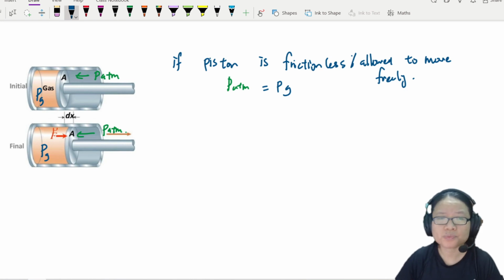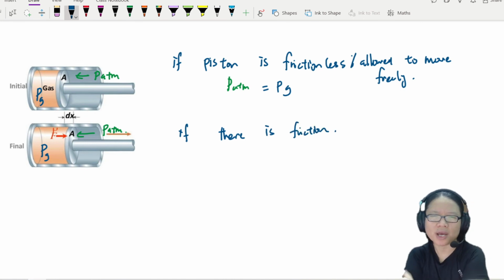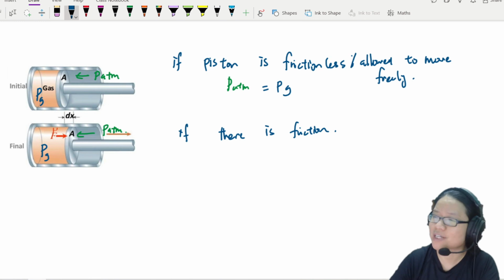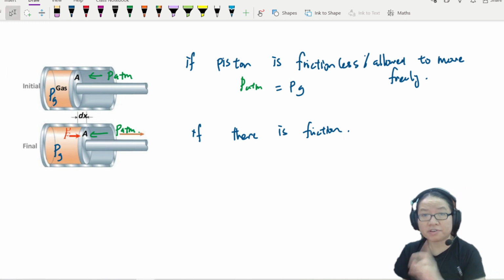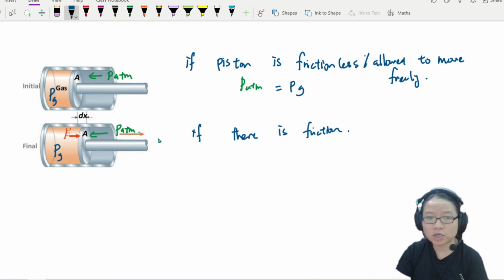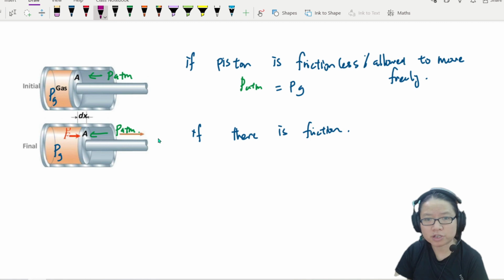And number two, what if there is friction? If there is friction, then you have a strange scenario where inside and outside the pressure may be slightly different. But which pressure do we use there? So if there is friction, to decide which pressure to take, we have to consider the fact that the pressure inside is not the same as the pressure outside.